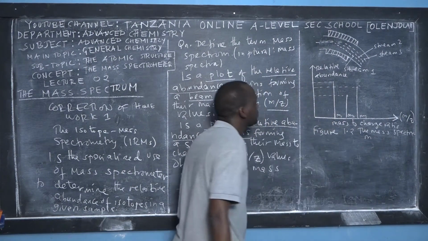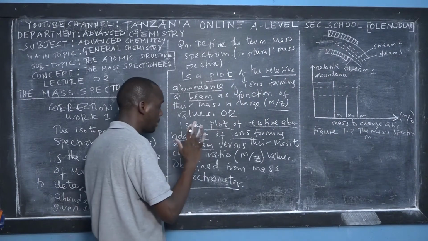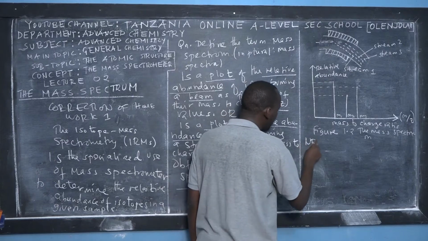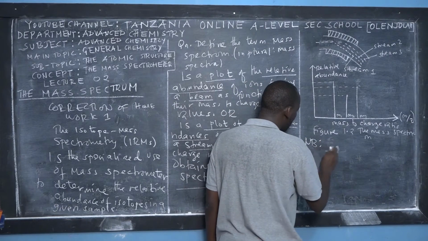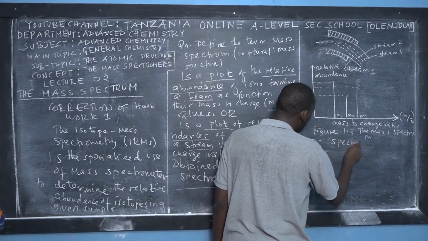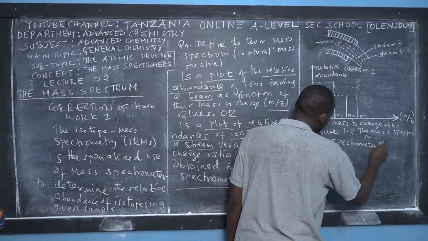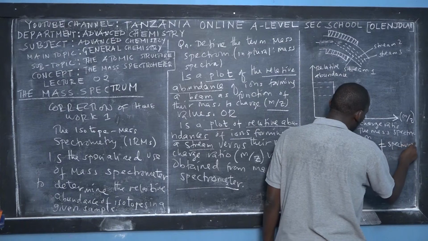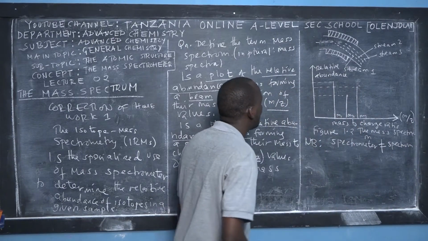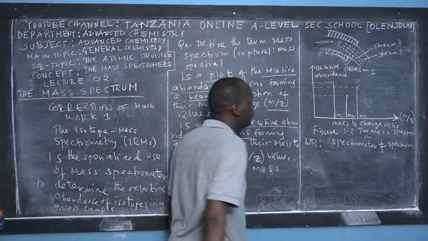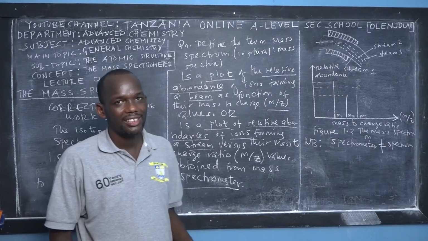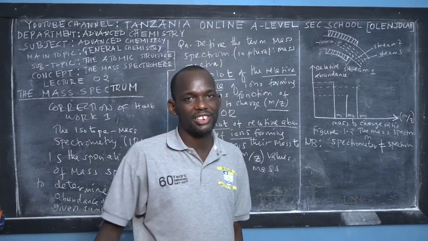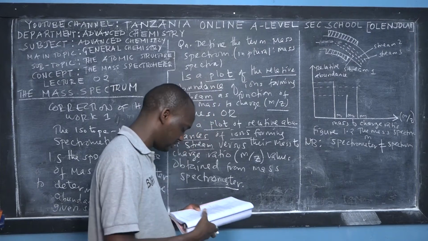Don't confuse them. The word spectrometer is not equal to the word spectrum. This is the spectrum, which is part of the mass spectrometer. In case you have any questions, don't hesitate to ask in the comment section.